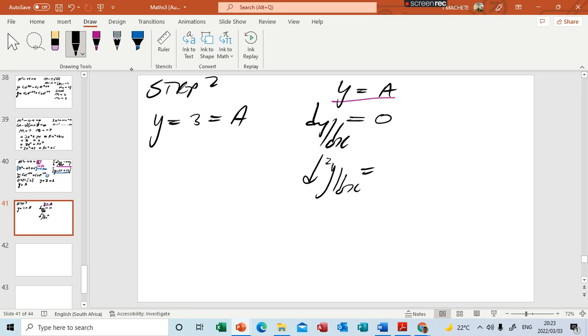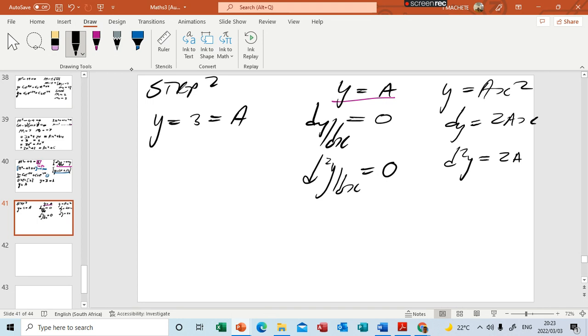So you differentiate 0 and get another 0. If it was ax squared, then the first derivative would be 2ax, and the second derivative would be 2a. You get the point?